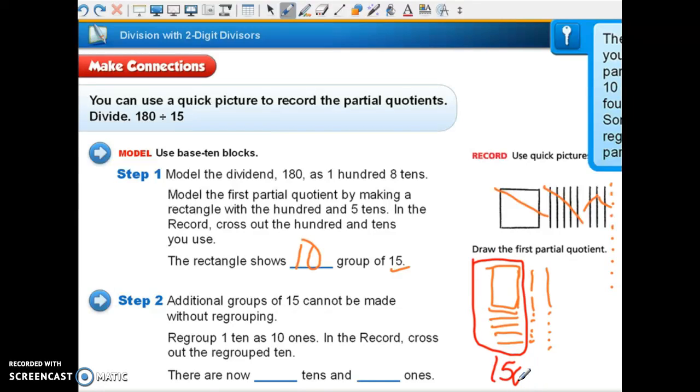And I have this partial quotient over here, that is how many? 2 groups of 15, which is 30, right? And 150 plus 30 is our 180 that we started with. So in step 2, it says there are 2 tens and 10 ones after we regrouped. I think I got ahead of myself a little bit.